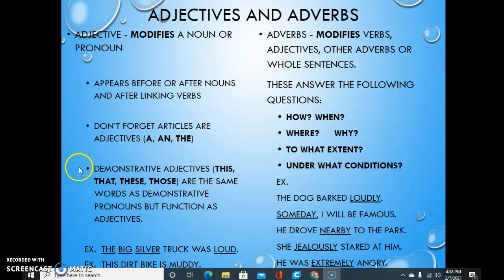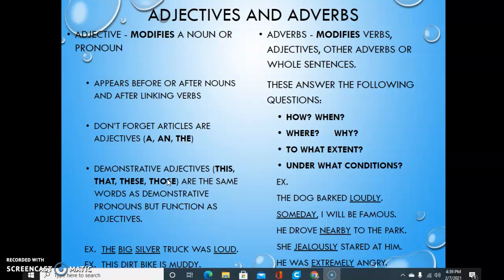Hey, we also have, and I think I mentioned these back when we talked about pronouns, these demonstrative adjectives. Demonstrative adjectives are the same four words as demonstrative pronouns: this, that, these, and those. The difference is that these four words can be used as pronouns when they're replacing a noun, or they can be used as adjectives when they're modifying a noun.